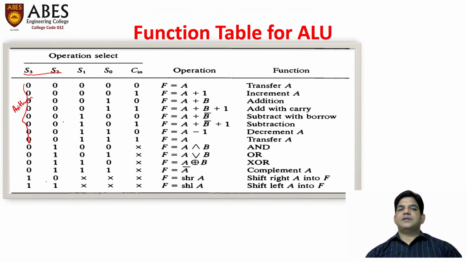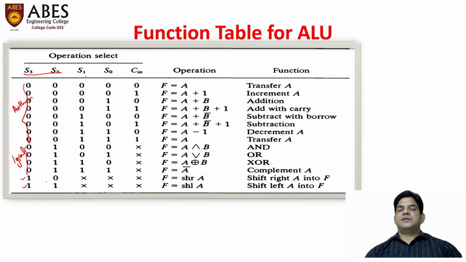The 0, 1 rows perform the logical operation. The last two perform the shift: 1, 0 is shift right, and 1, 1 is shift left.